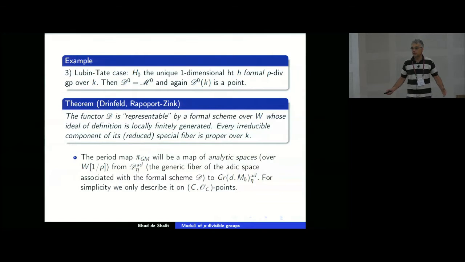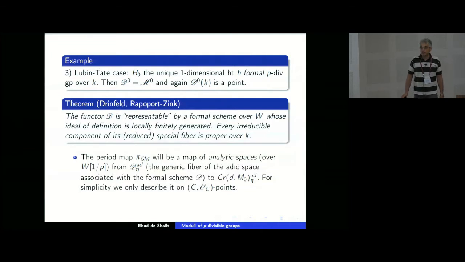Remember, a formal scheme is locally everywhere of the form Spf A, where A is an adic ring, which has an ideal of definition. So this ideal of definition is locally finitely generated. And every irreducible component of the reduced special fiber is proper over K. So in the examples that we had before, either it was a point or it was something that maybe had some P1s in it. It need not be of finite type in general, but the irreducible components are proper.